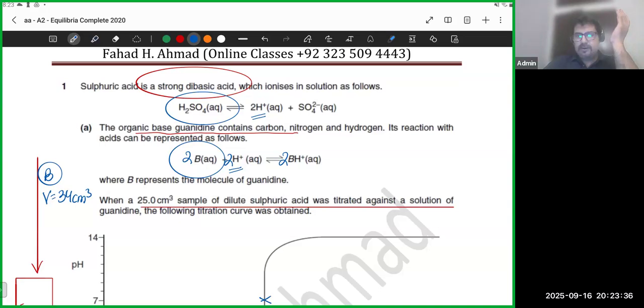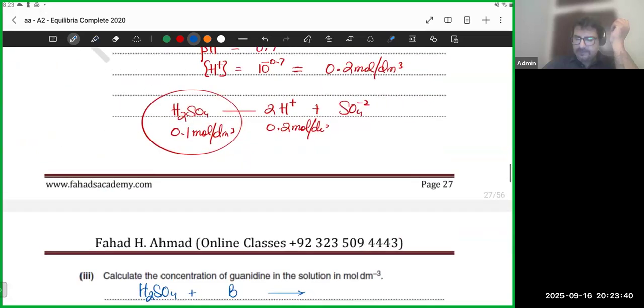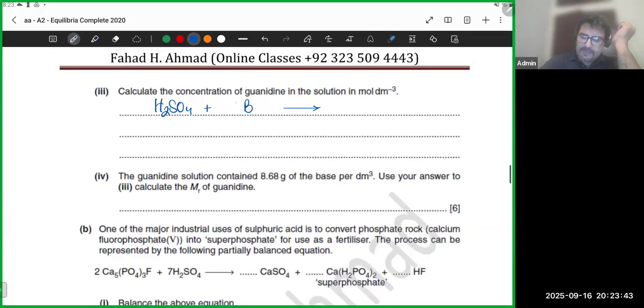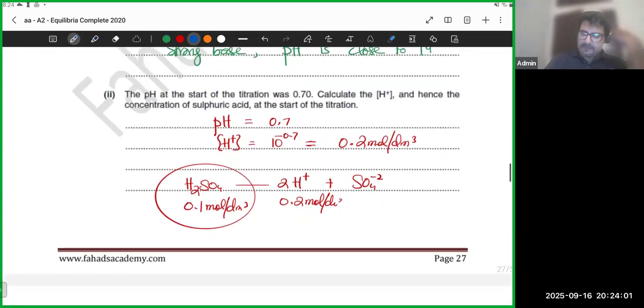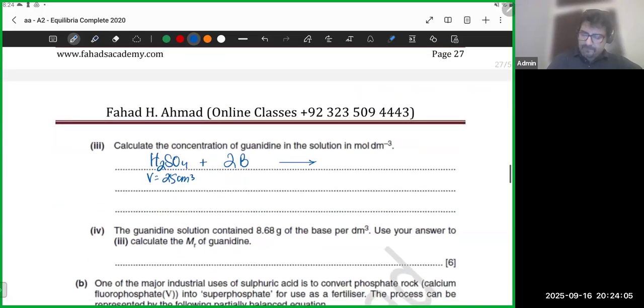So the ratio of the acid to the base is 1:2. That is the first thing I needed to know. So 1 sulfuric acid reacts with two guanidine. For sulfuric acid, I know the volume is 25 cm3, which was given before, and I figured out the concentration of sulfuric acid earlier, which is 0.1. So I can figure out the moles.